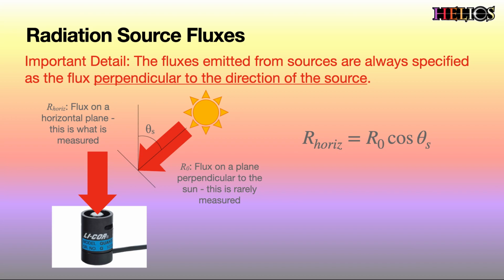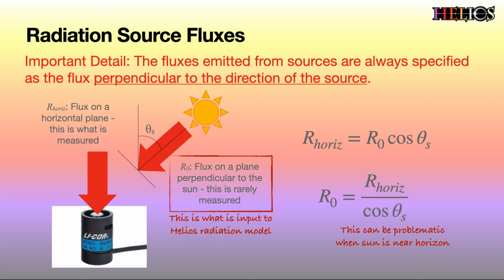But in a 3D model, this horizontal flux is not really relevant because we've got these 3D objects and you've got surfaces at all different directions. And so we want to specify that flux perpendicular to the source, and then it will calculate the incident fluxes based on the angles of all other objects in the domain.